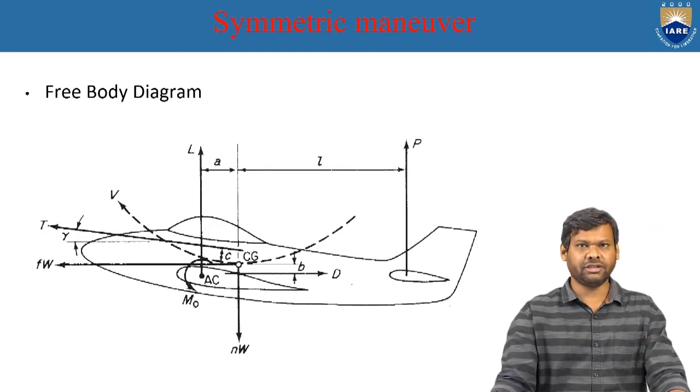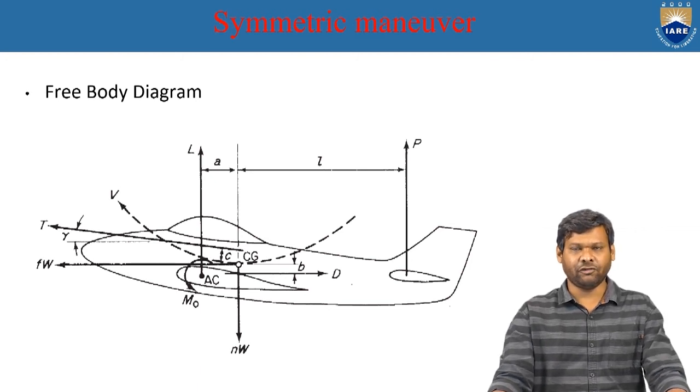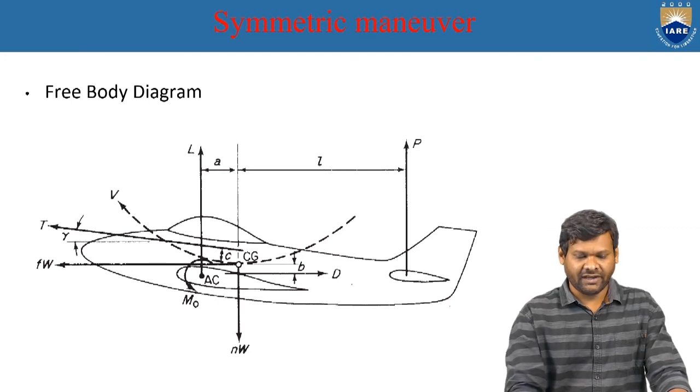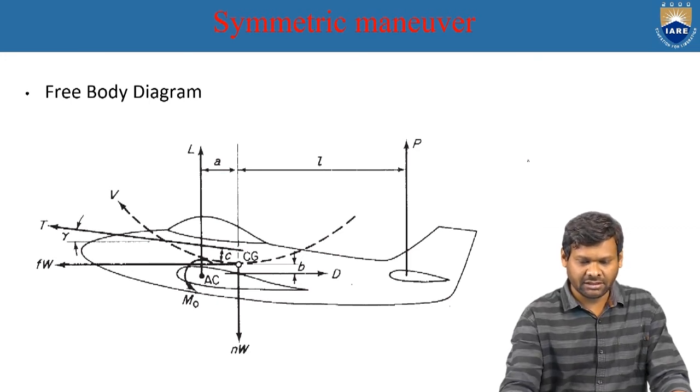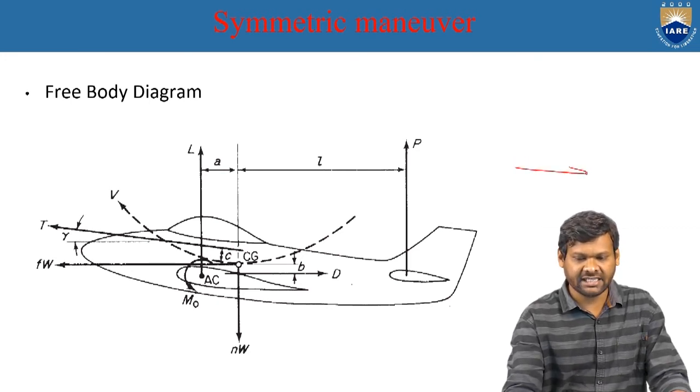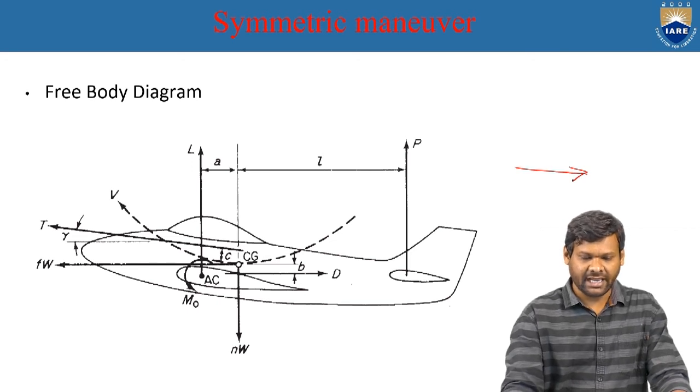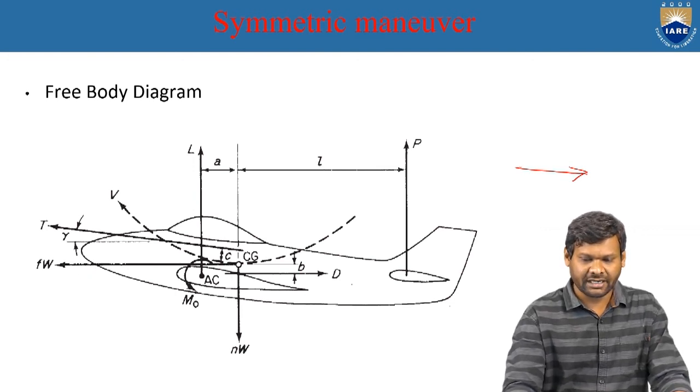Okay, when you look into the free body diagram of a flight, let us identify the forces which are acting in the horizontal direction. One is the drag D acting along this direction, and moreover we have the force FW.